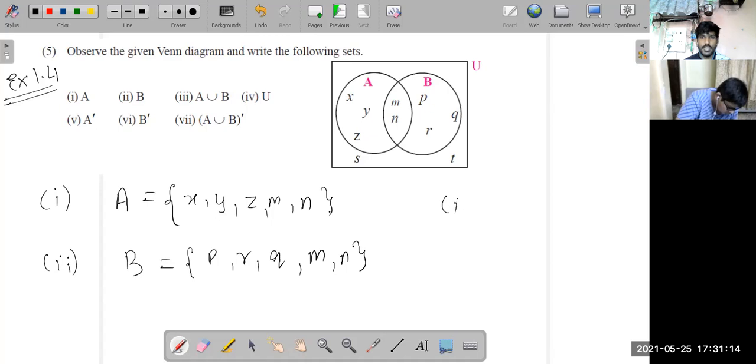Next they have asked A complement. Oh, sorry, union. A union B. So what is in A union B? Make sure that repetition shouldn't be there. You write it just once.